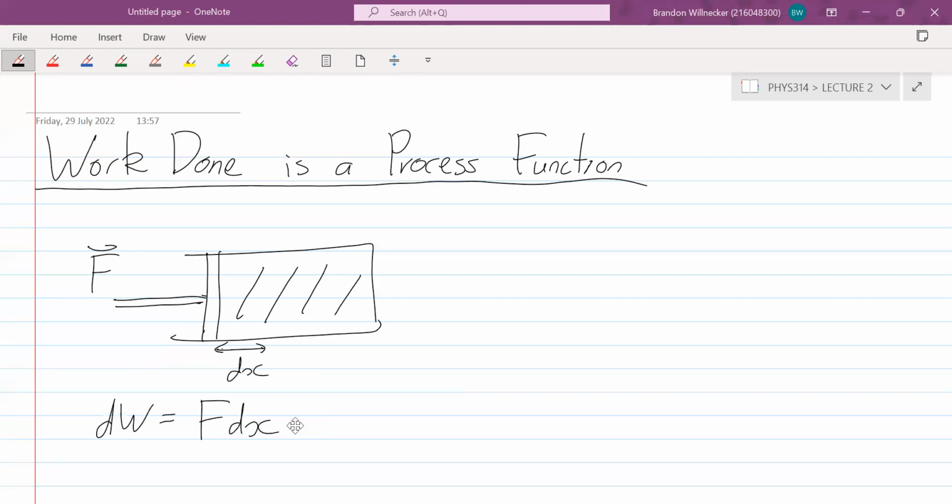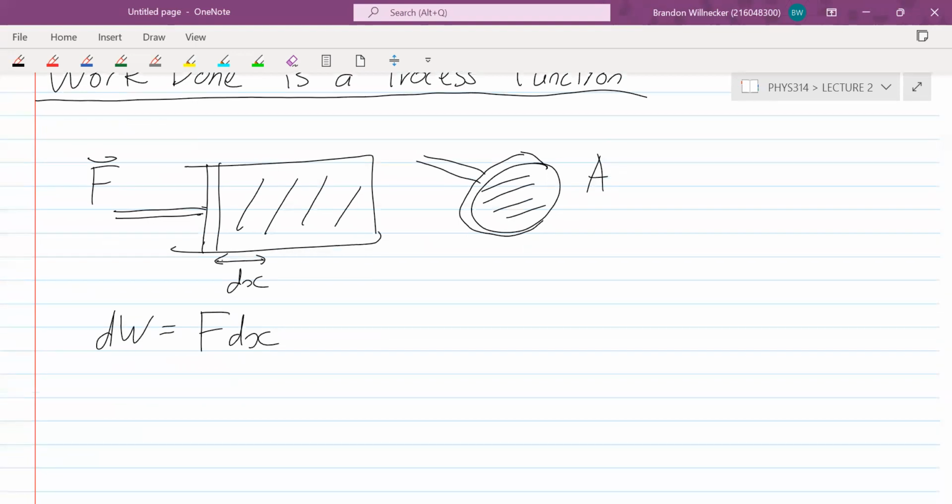Force times displacement. Now, we know that this force is acting on a certain cross-sectional area, because it's this piston over here. It's got some cross-sectional area to it. Let's call that A. So if you want to work out the force, you can take the pressure times the area. That's what force is. So pressure times area dx.